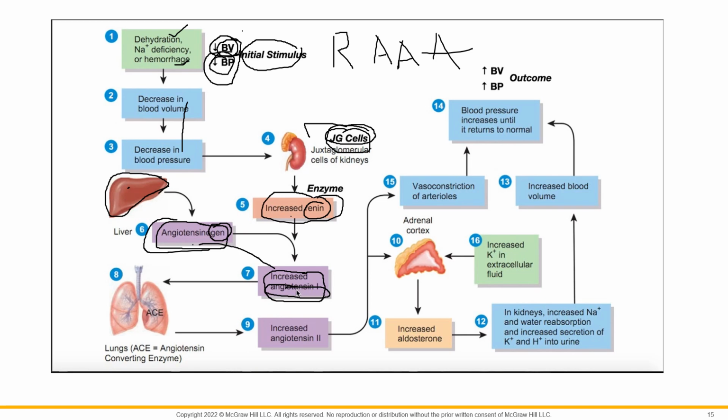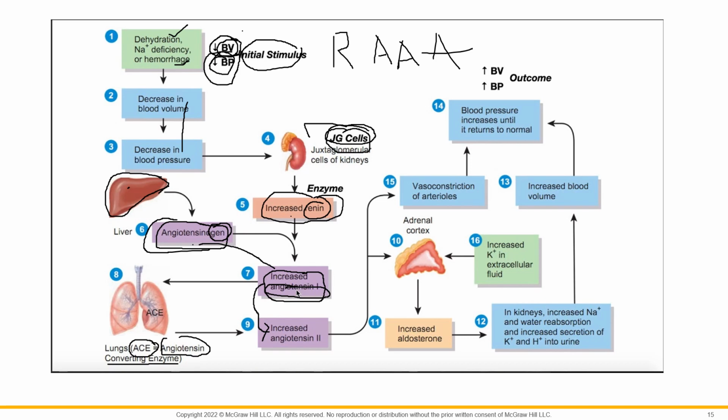It's going to need one more component that is going to come from the lungs. And that enzyme that it needs is called angiotensin converting enzyme, also known as ACE. So ACE is converting angiotensin 1 to its active form, which is angiotensin 2.